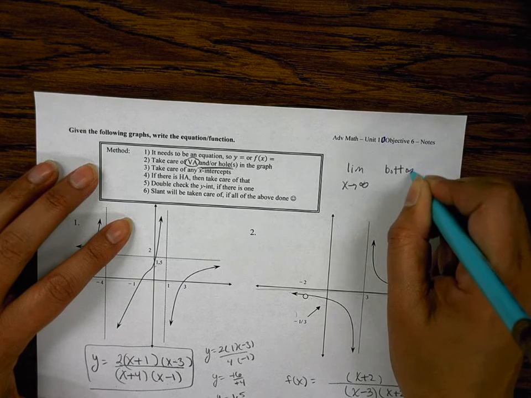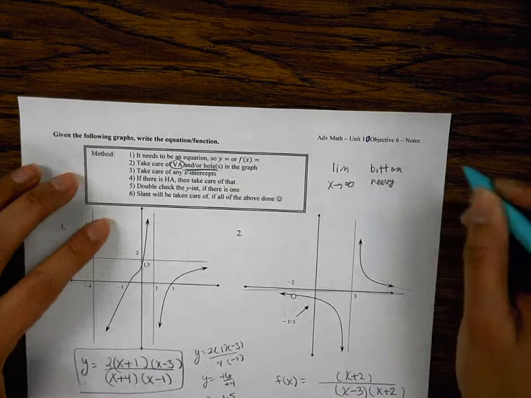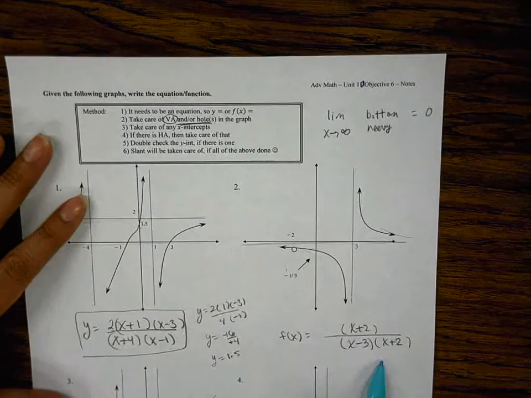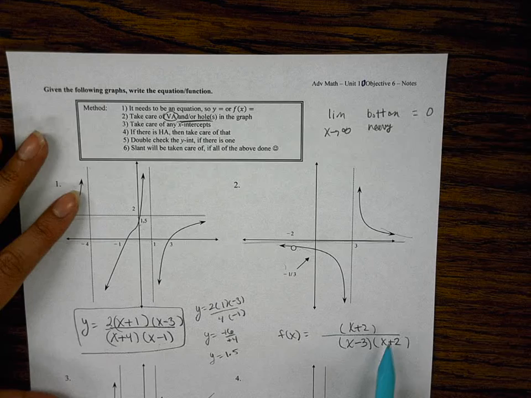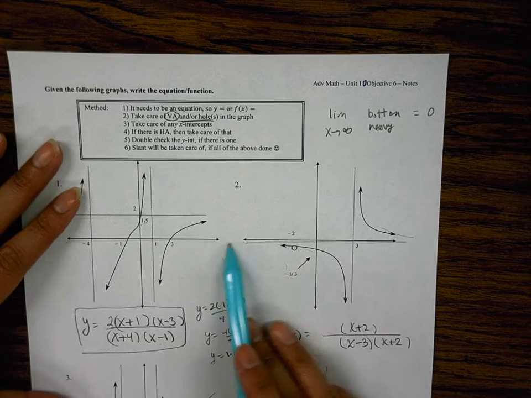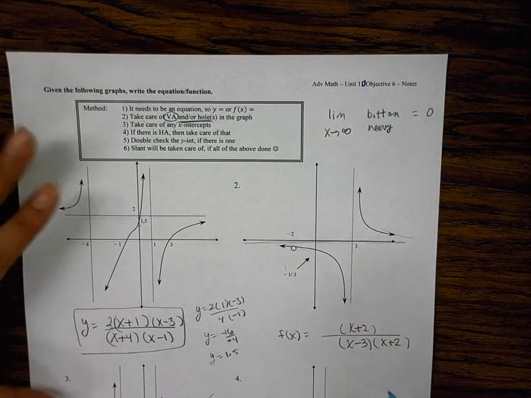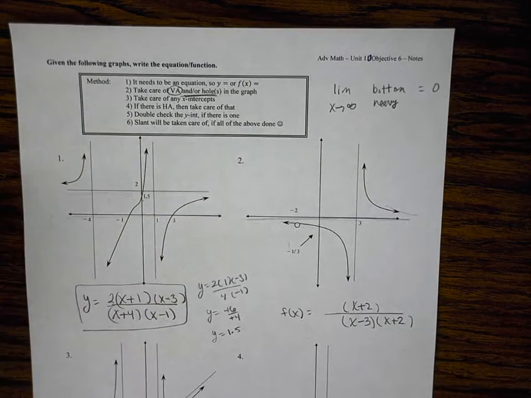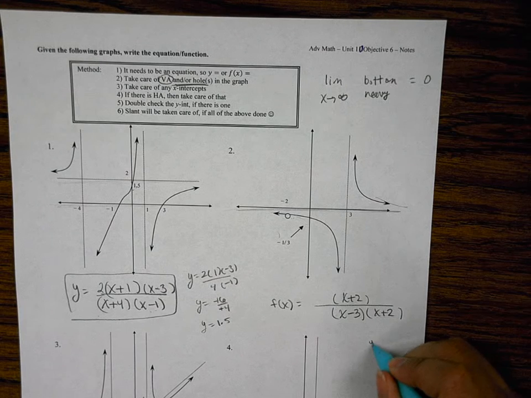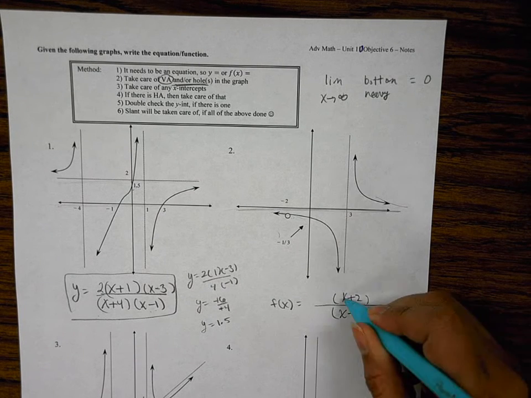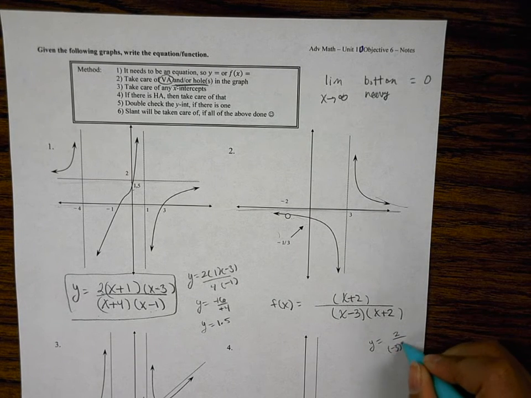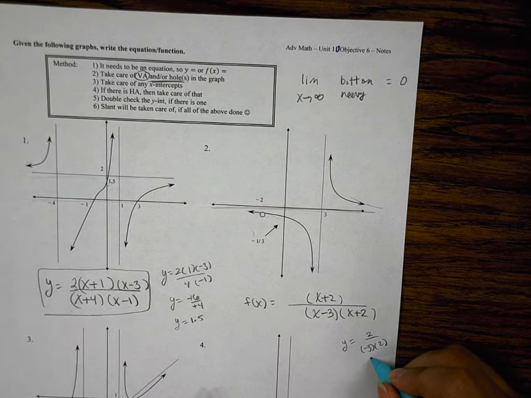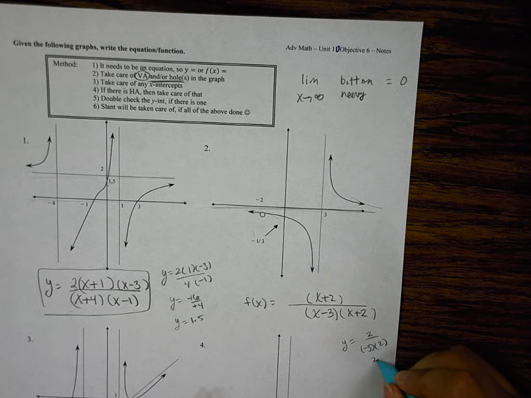The limit as x approaches infinity of a bottom heavy function will always equal 0. And that is true. This is bottom heavy. There's more x's at the bottom. Degree is 2. So it's 0, and it is indeed 0. So I'm not going to add a coefficient up here of 2 or 3 or anything else. Check your y-intercept. Y equals 2. I plug in 0. -3 times +2.